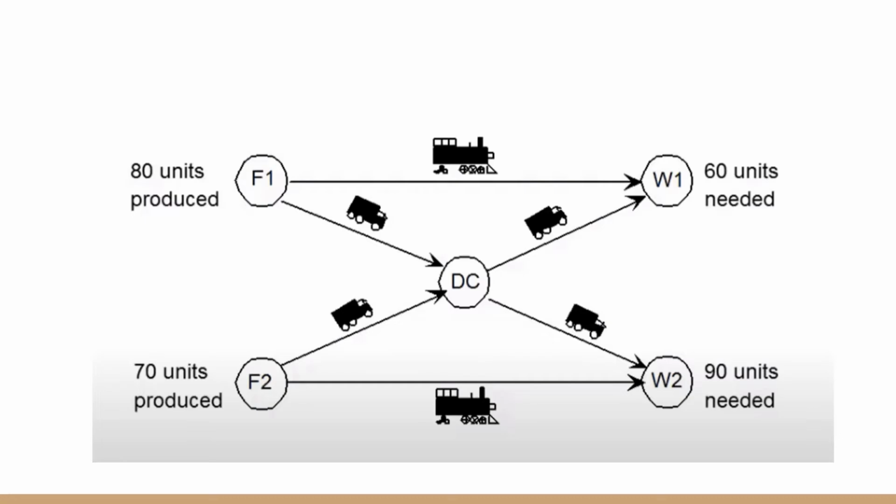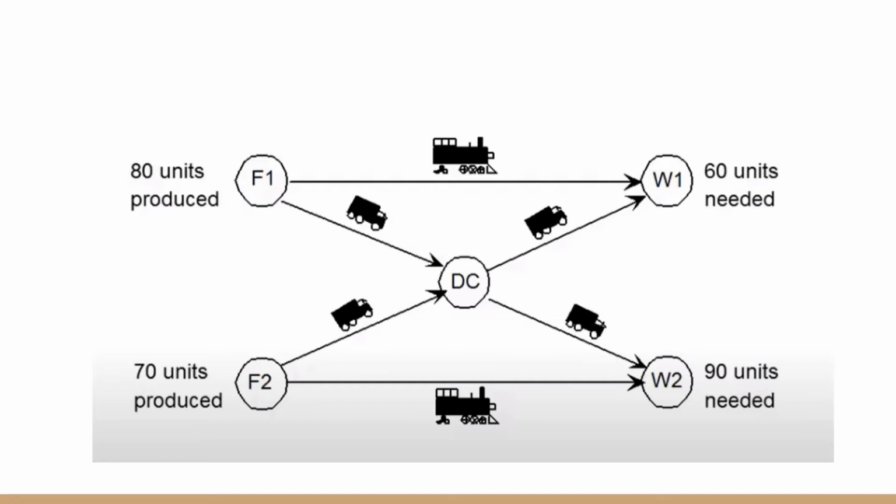And as you can see, the very top link is the ability to ship directly from factory 1 to warehouse 1 by rail. We also have the ability at the very bottom to ship directly from factory 2 to warehouse 2, again by rail.